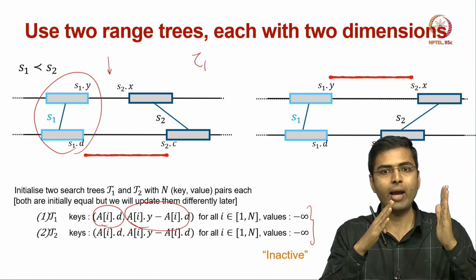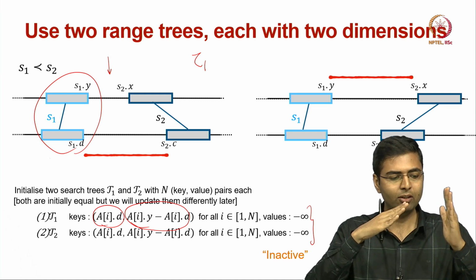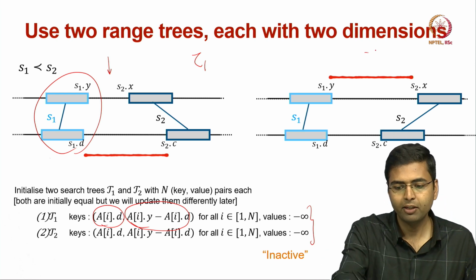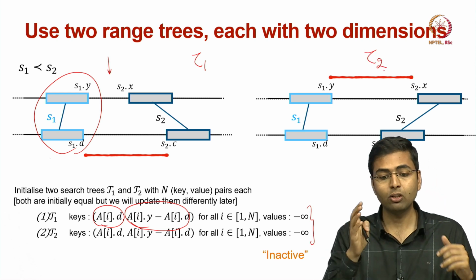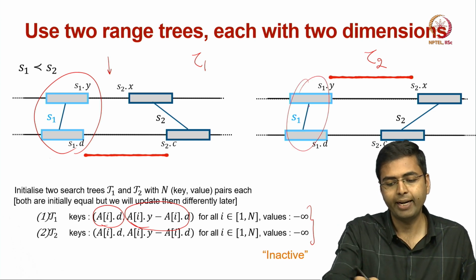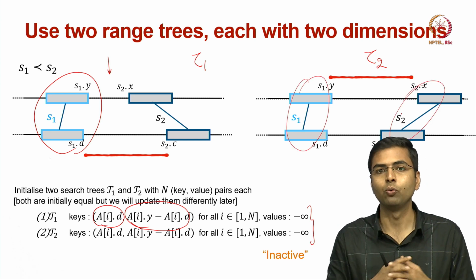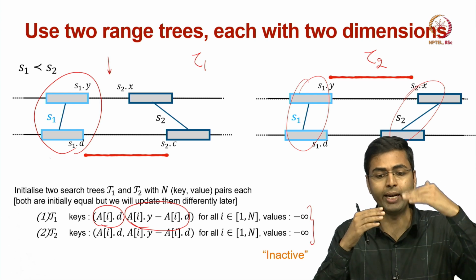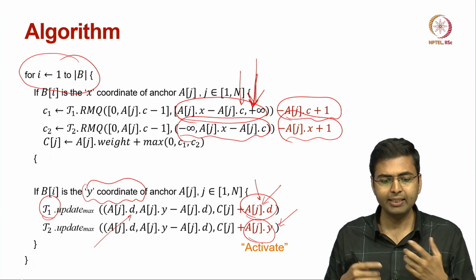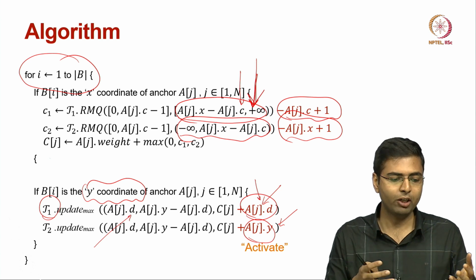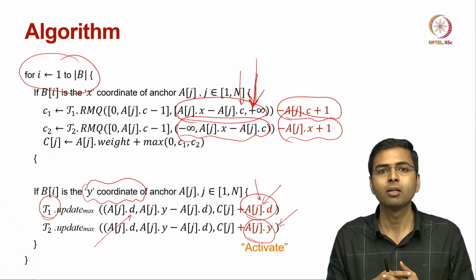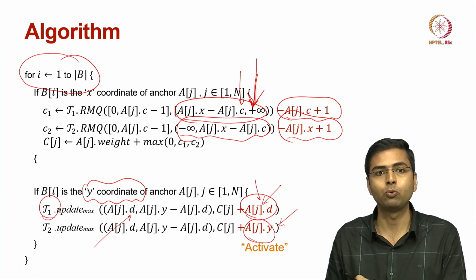From tree 2, you will consider those preceding anchors which are following this orientation with respect to anchor S2, that is, the gap on sequence 1 is higher. So, with this criteria and with this trick of using two dimensional trees, we can again address the chaining problem with L infinity gap cost as well.